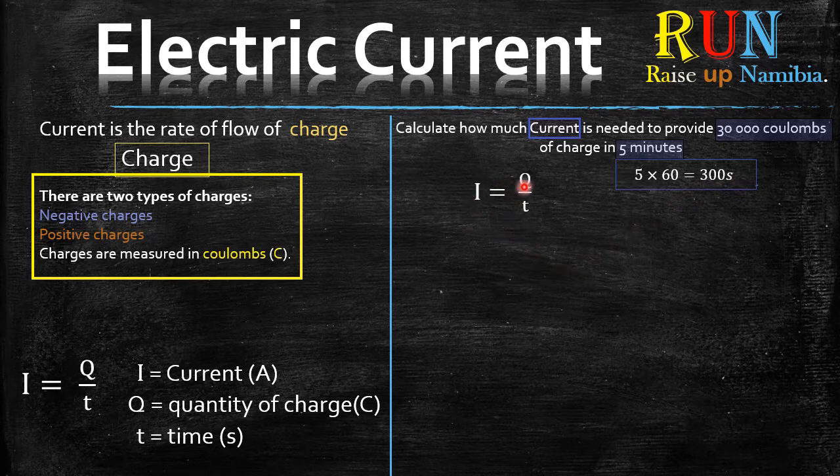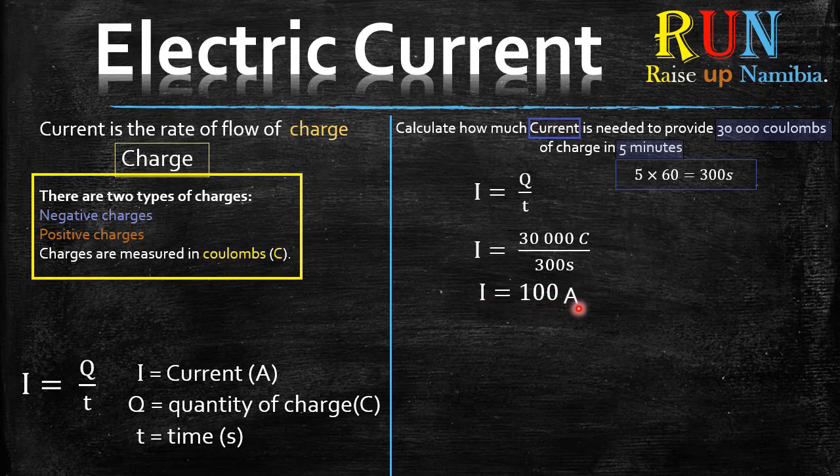Now if we look at our equation, we have the quantity of charge, which is 30,000 coulombs, and the time, which is 300 seconds. We can substitute that into the equation, and 30,000 divided by 300 will give you 100. Now, what is the unit of current?